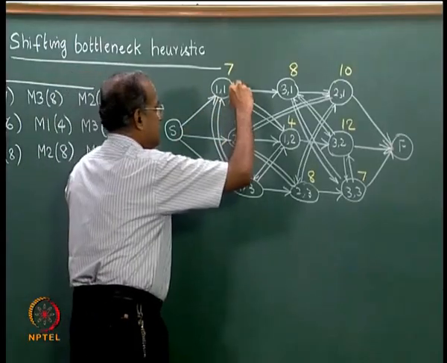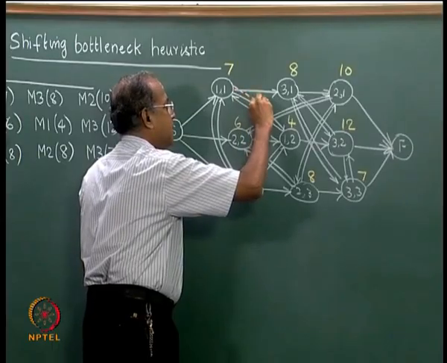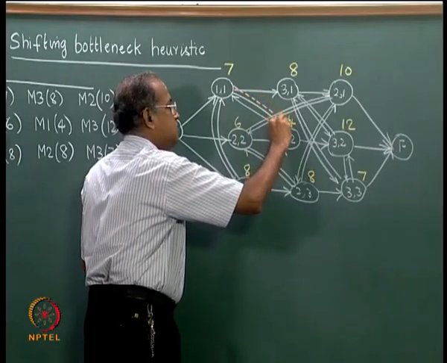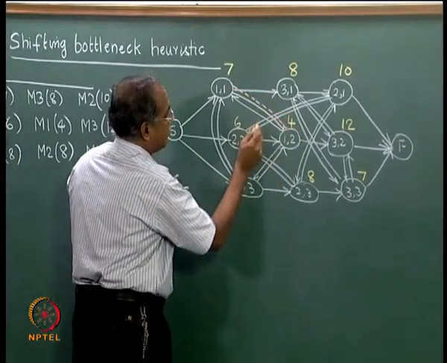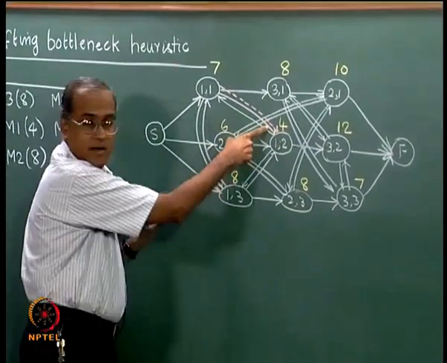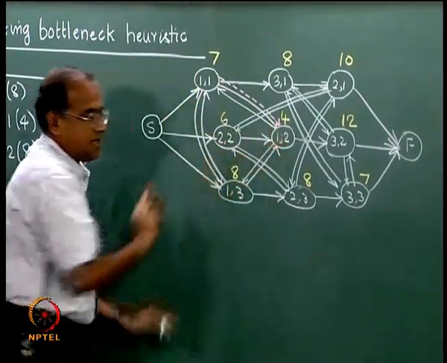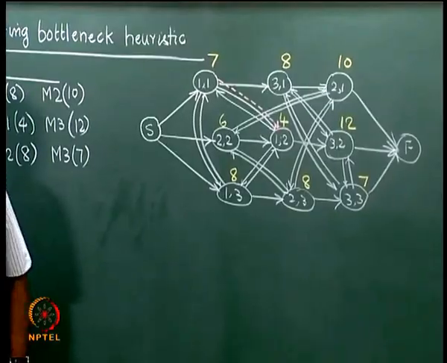So, let me just show this with a different color and put a dash here to indicate that out of these 2 arcs that are connecting these 2 nodes, this particular arc with an arrow mark here indicates that J1 is done first and then J2 is done on M1.